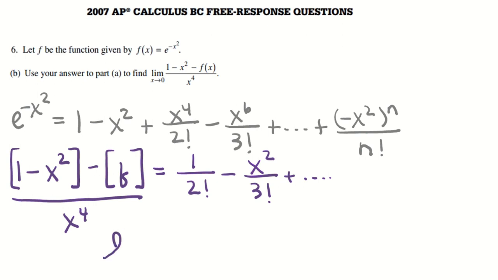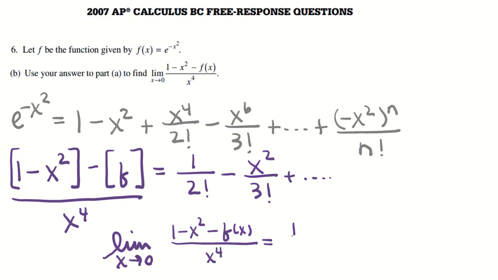Okay? So I'm going to say that the limit as x approaches 0 of 1 minus x squared minus f of x divided by x to the 4 is going to equal 1 over 2 factorial. Wait a second.